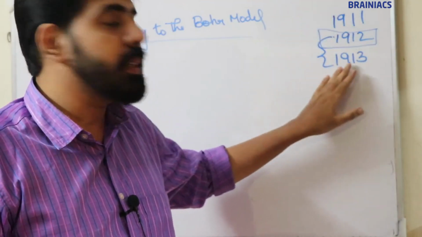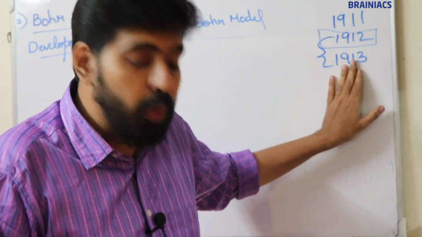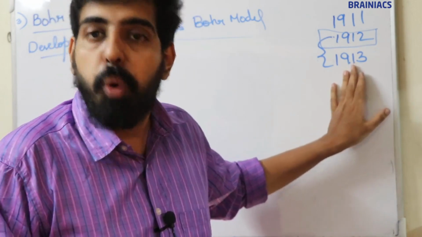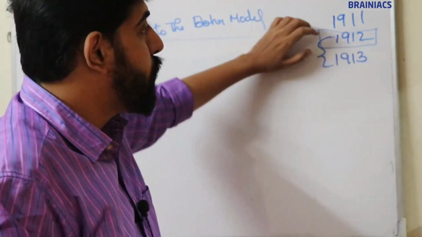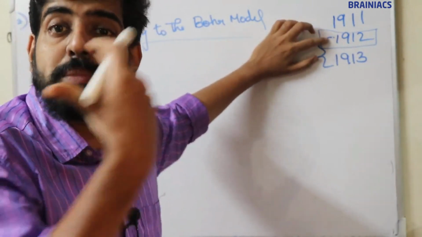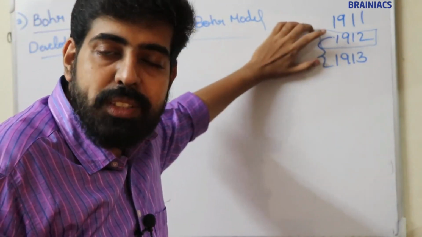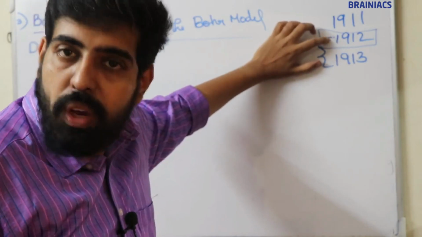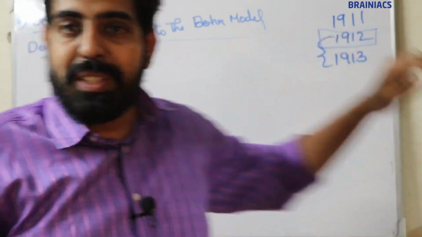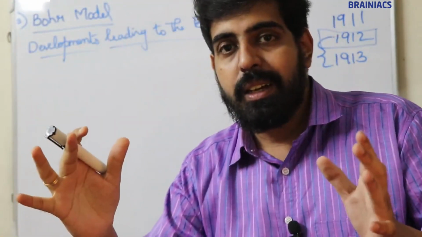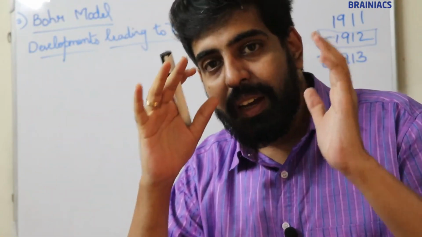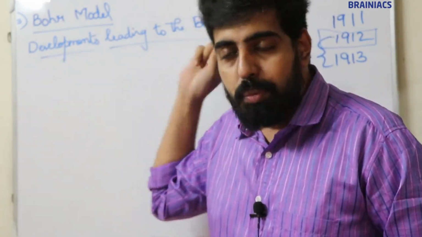After 2 years, in 1913, Niels Bohr proposed a model known as the Bohr model, and he got the ideas from the results of some scientific experiments conducted in 1912. So before discussing the Bohr model, we have to discuss those scientific ideas. So, development leading to the Bohr model.